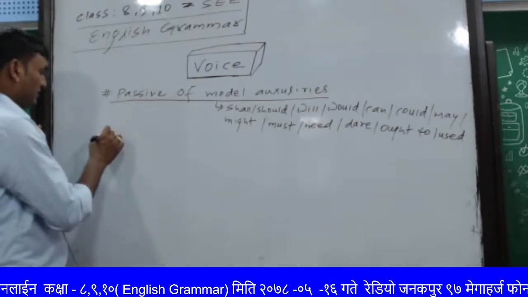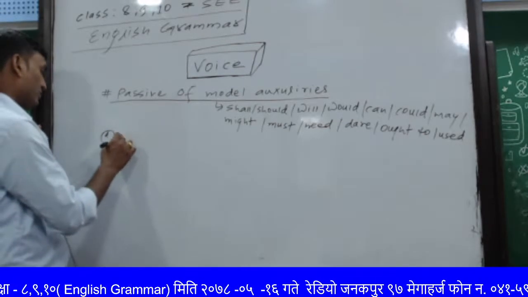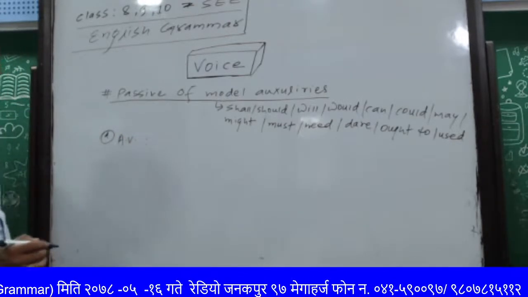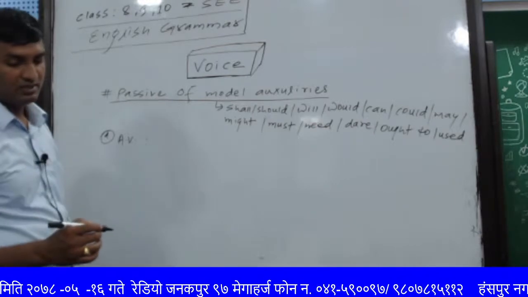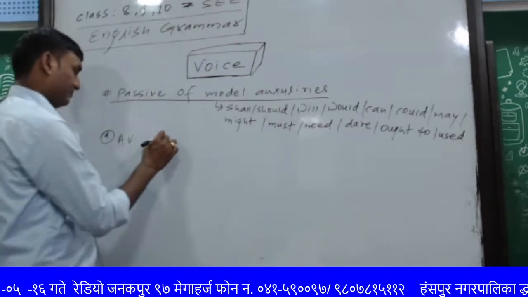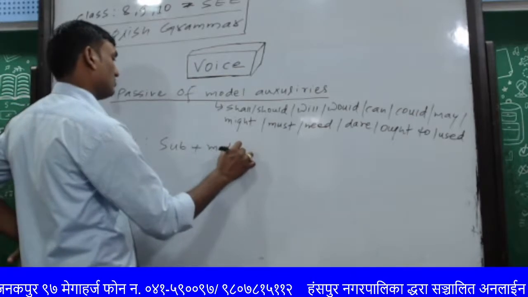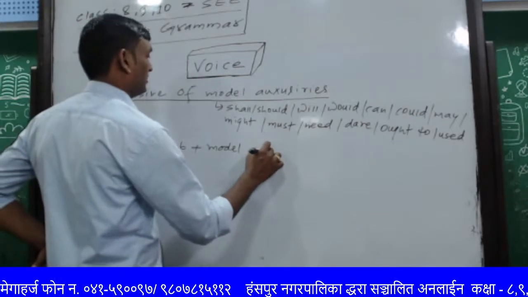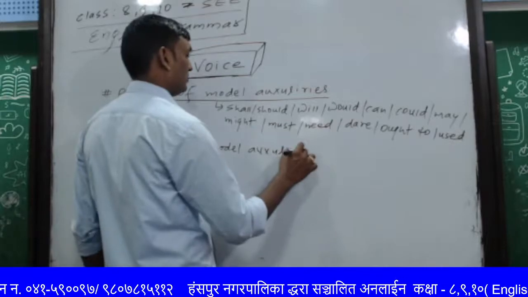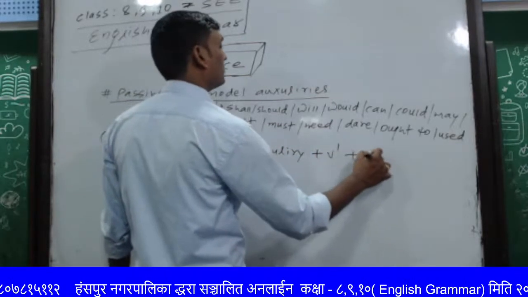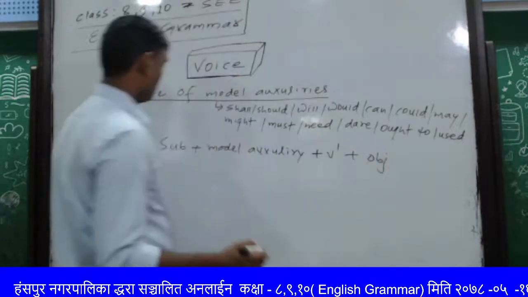Number A. The active voice, AV, is subject plus modal auxiliary plus V1 plus object.